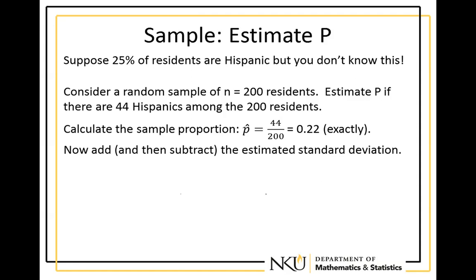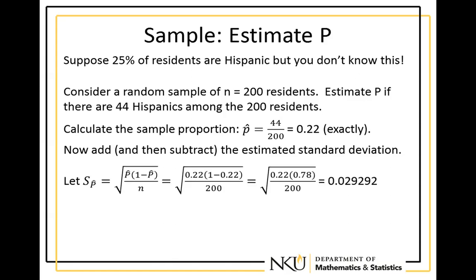Now what we want to do is add and then subtract the estimated standard deviation if we had that. Since we don't know the value of P, we're going to substitute the value of P hat in its place. So we say S sub P hat, which is the estimated standard deviation, is the square root of P hat times 1 minus P hat over n.